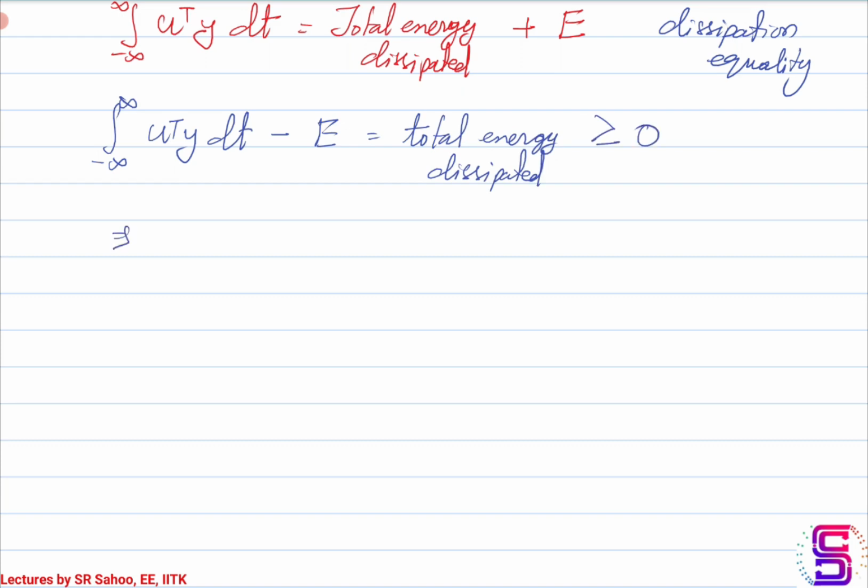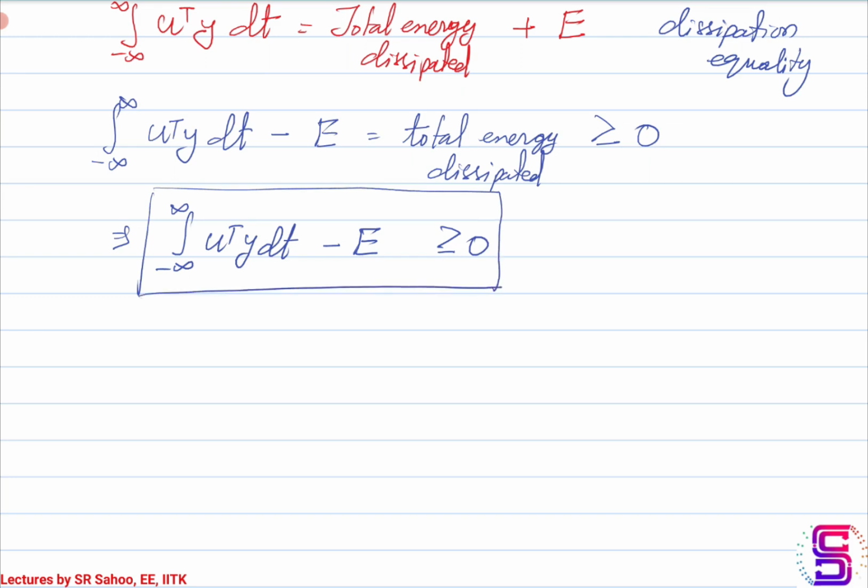So for a passive system with energy storage elements, this inequality holds, and this inequality here is known as the dissipation inequality.